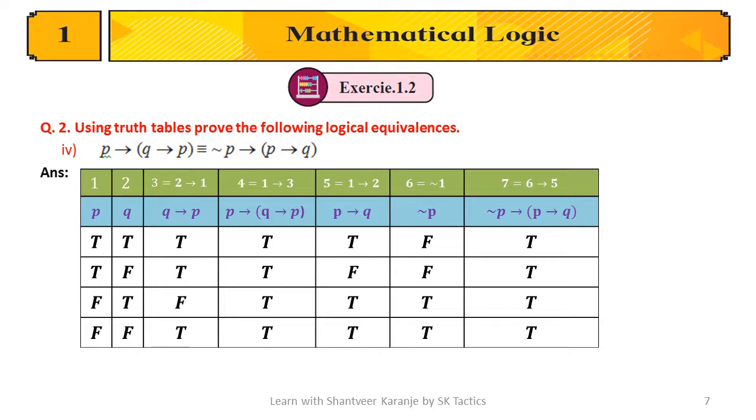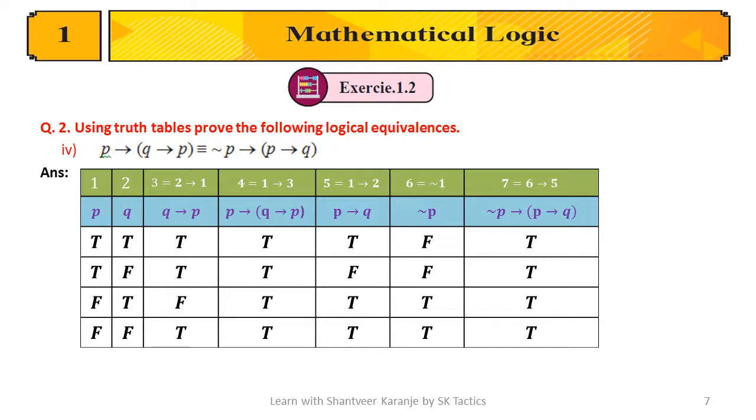From the fifth column I start finding truth values of RHS. So in RHS there is again one bracket, P implies Q. So we first find P implies Q, then negation of P in the next column, the sixth column, and after that in the seventh column negation of P implies Q, which is RHS.